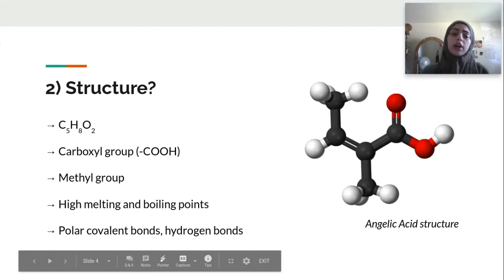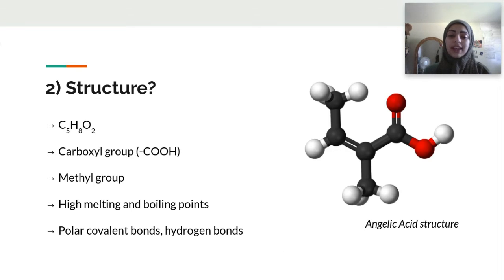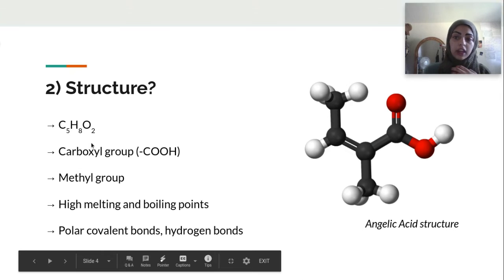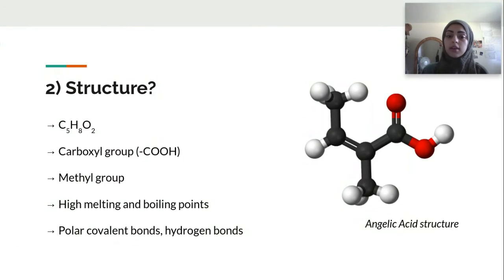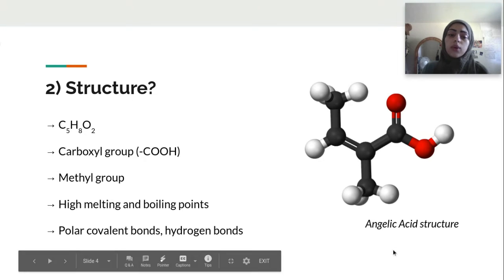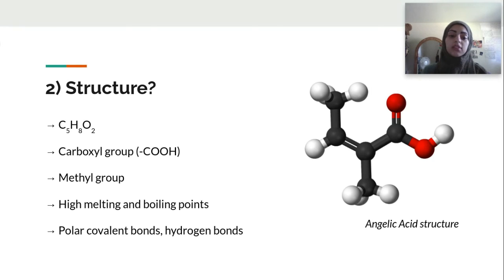So the structure of angelic acid. The molecular formula of the acid is C5H8O2, and there's a carboxyl group, so that's the COOH, and there's also a methyl group. And angelic acid has high melting and boiling points. The melting point is actually 45 degrees Celsius, and the boiling point is 185 degrees Celsius.